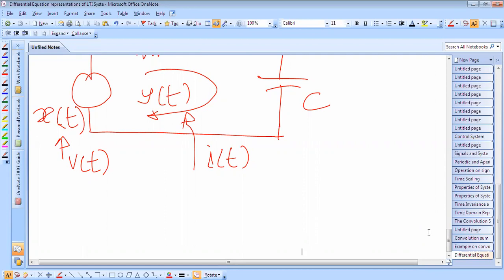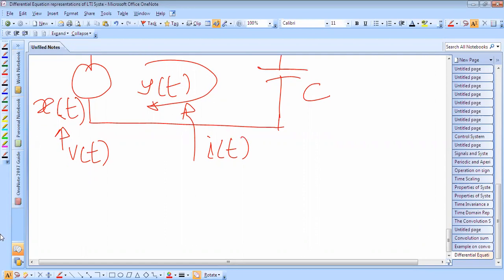That means if you apply a voltage, the total voltage drop across this circuit is the voltage across the resistance, the voltage across the inductor, and the voltage across the capacitor.